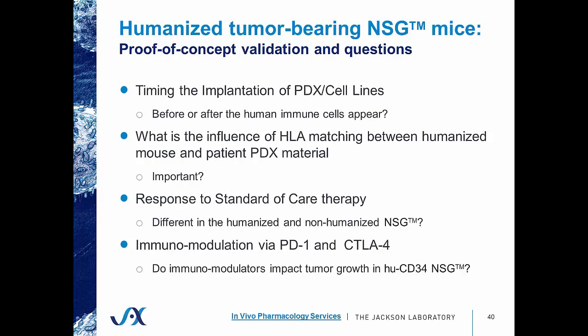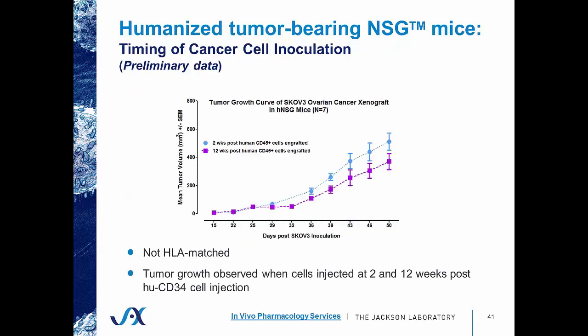We also wanted to determine whether these models would respond to standard of care therapy, and whether that would be different in humanized versus non-humanized NSG mice. Finally, we wanted to test immunomodulation via PD-1 and CTLA-4, to determine whether these immuno-oncology models would prove successful in deterring tumor growth in humanized tumor-bearing NSG mice.